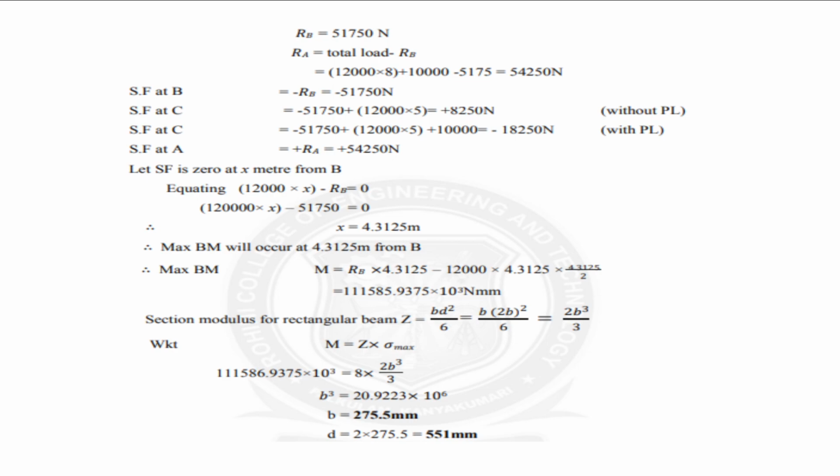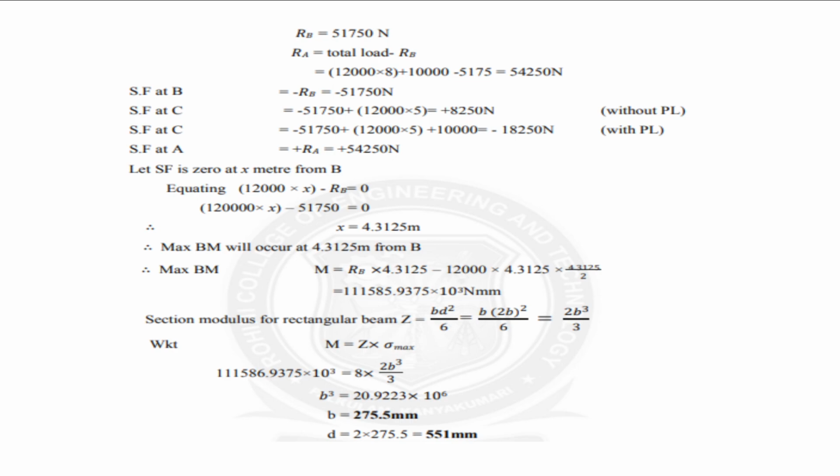For finding this, maximum bending moment is equal to RB into 4.31 minus 12,000 into 4.31 into 4.31 divided by 2. We are getting the value 11,585.93 into 10 power 3 Newton mm. To find the section modulus of rectangular beam, Z is equal to b d cube by 12 divided by d by 2, that is b d square by 6, which is equal to 2b cube divided by 3.